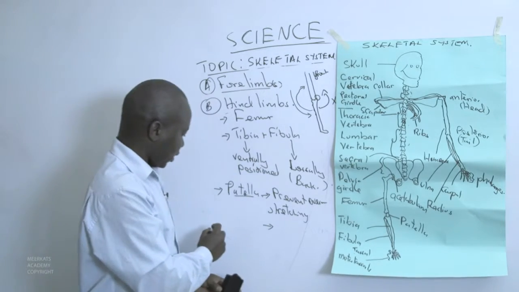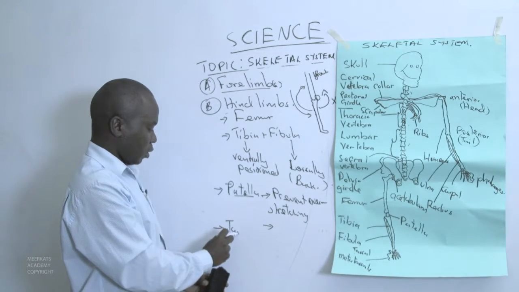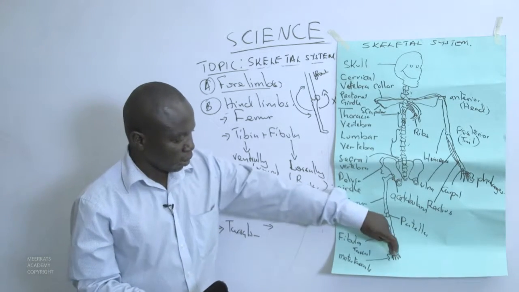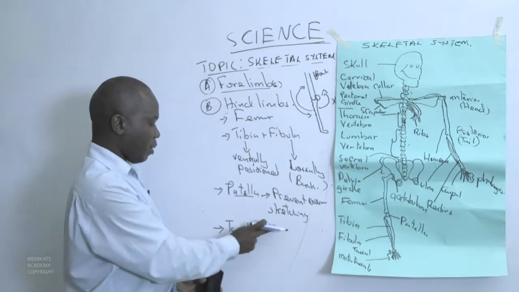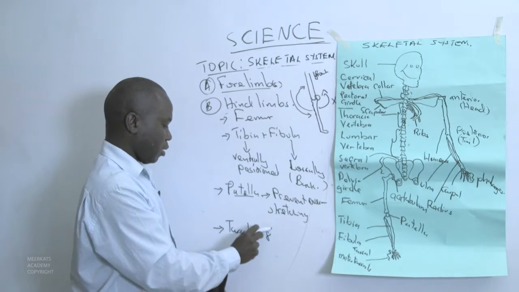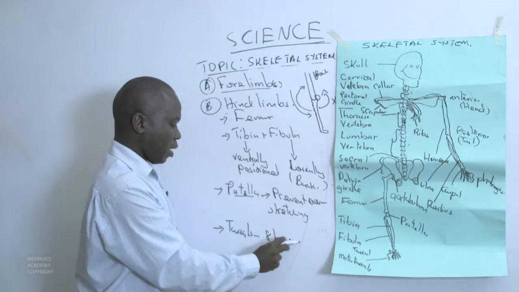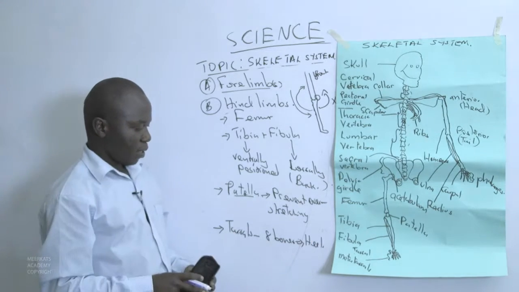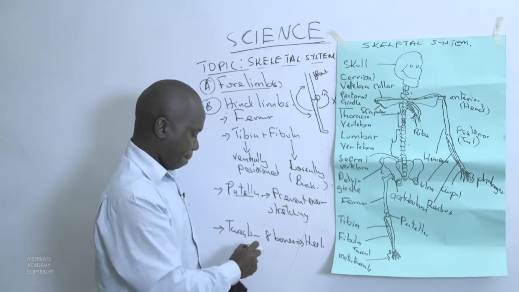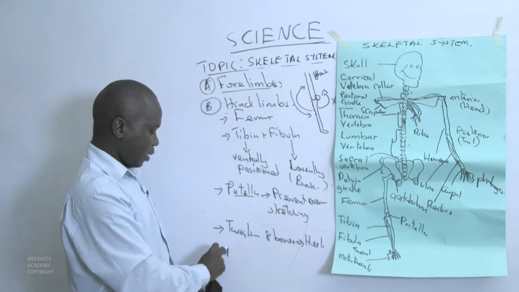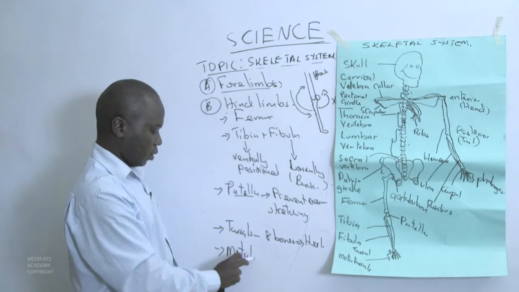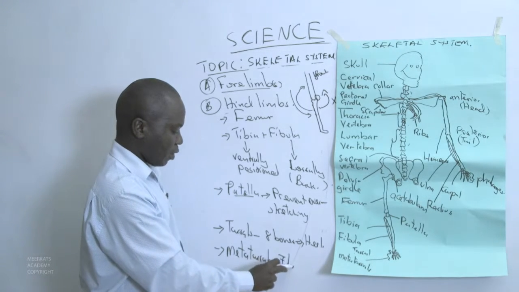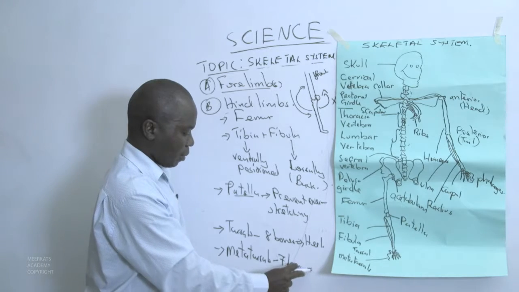Then down we have the tarsals. Here there are several bones, about 8 bones, and they form the heel. And then down we have the metatarsals, about 7 bones in number.